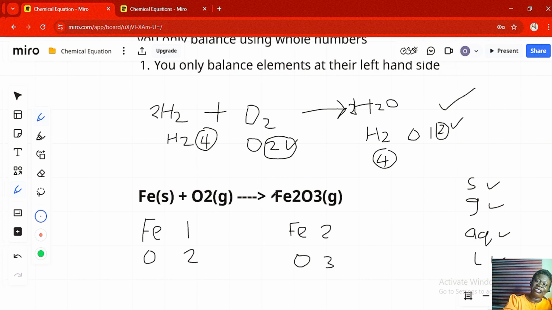Now let's dive into it. Since oxygen is 2 here, oxygen is 3 here, we need to come to something that can give us the 2. If you look at this, you will see that oxygen is 2 here, oxygen is 3. So if we put 2 here, oxygen becomes 2 times 3, which is 6.